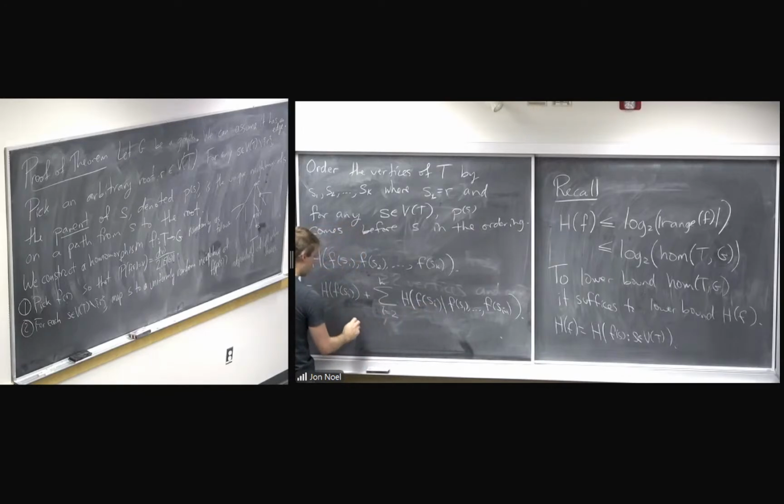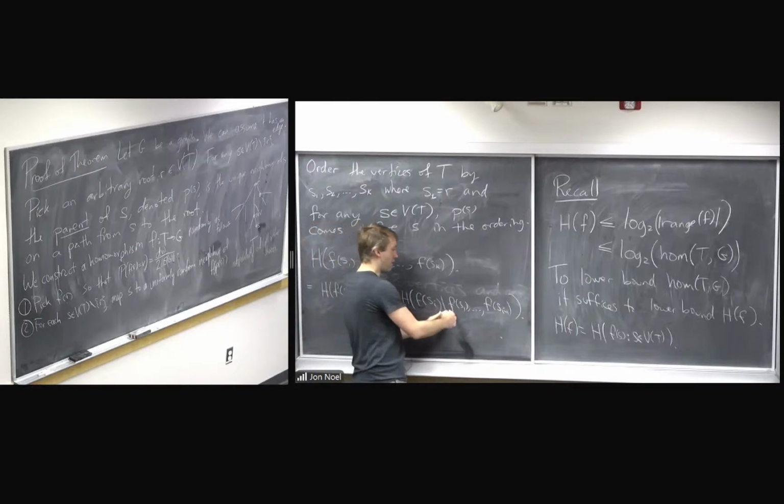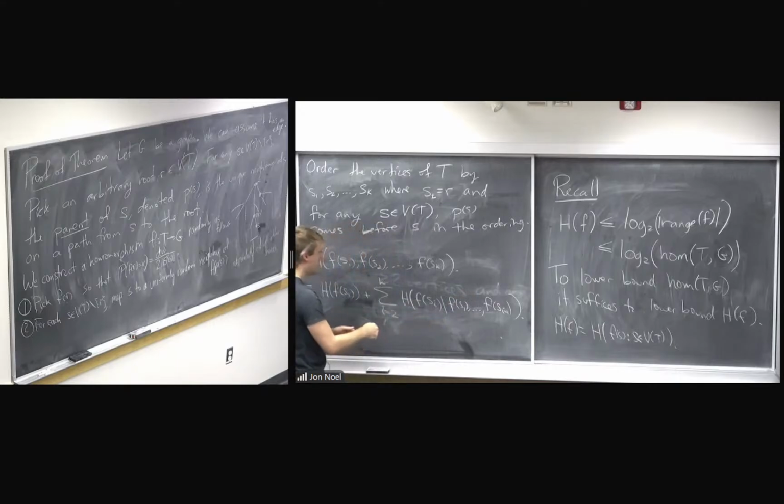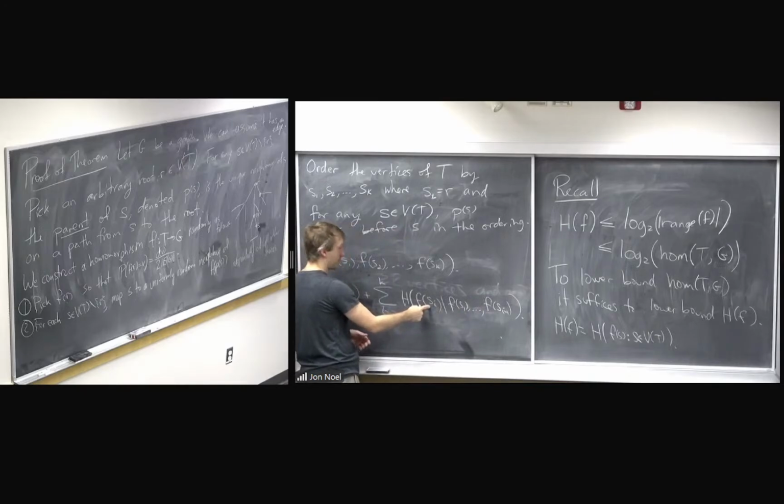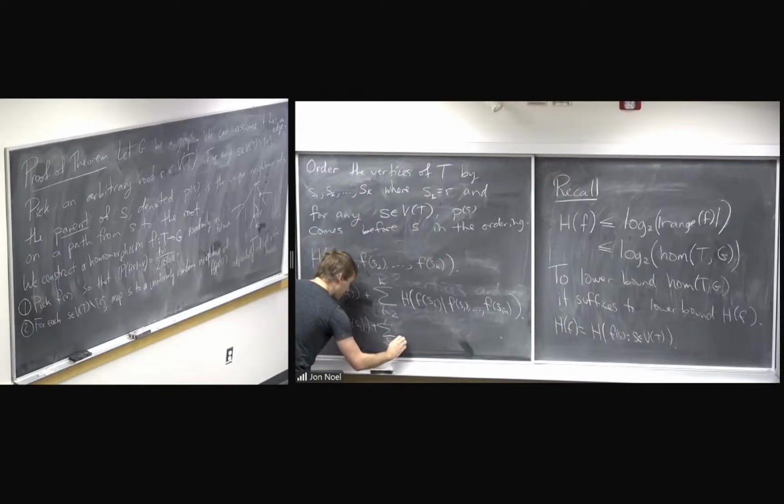So for any s, I want to say that this random variable is conditionally independent of all of these except for the parent, given the parent. Therefore I can just delete everything here except for f of the parent of s_i. Written in another way, we still have the entropy of the root, and then we sum over all the vertices that are not the root.